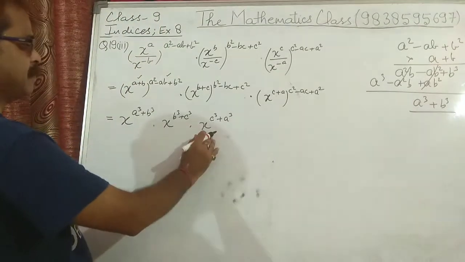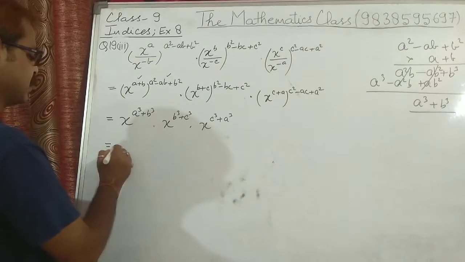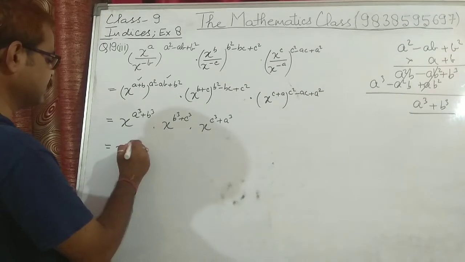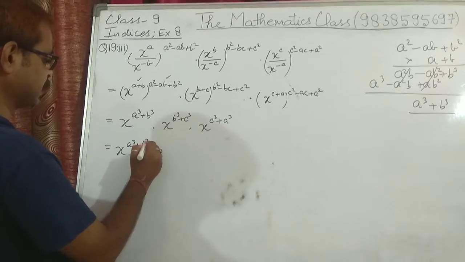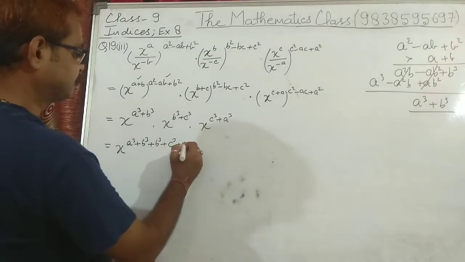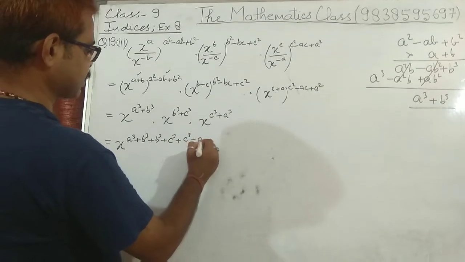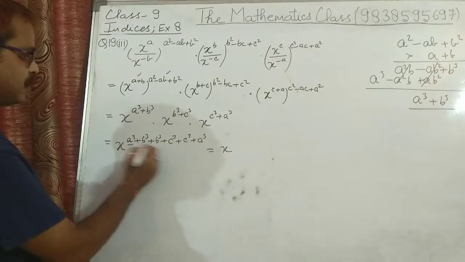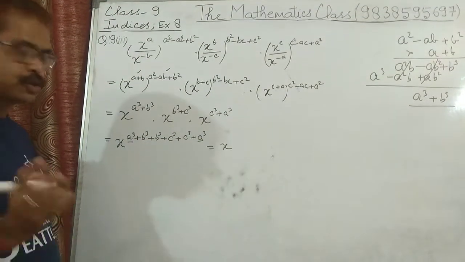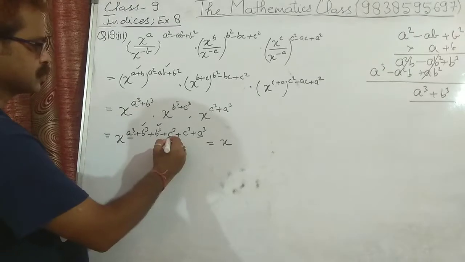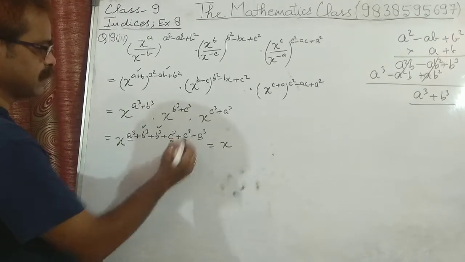Now bases are same and powers are different, so the base will remain same, but the powers will get added. Means a cube plus b cube plus b cube plus c cube plus c cube plus a cube. Everywhere you can see, a cube and a cube will make 2a cube, b cube and b cube will make 2b cube, c cube and c cube will make 2c cube.